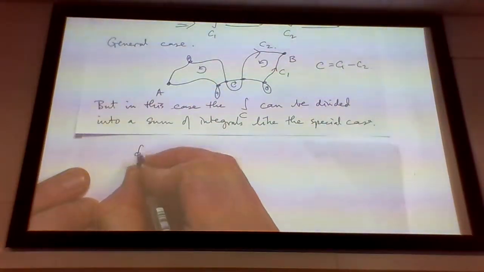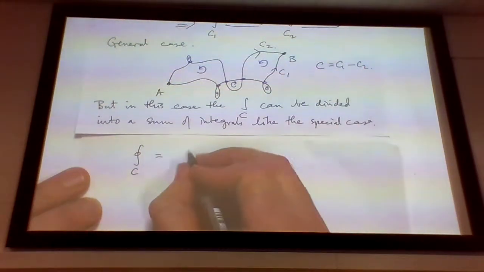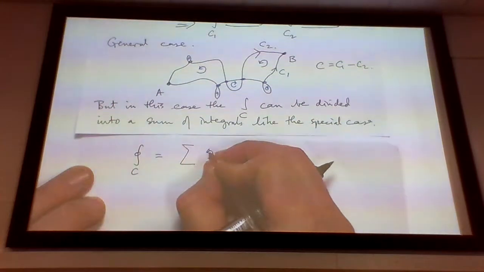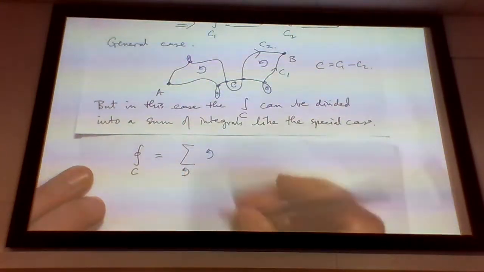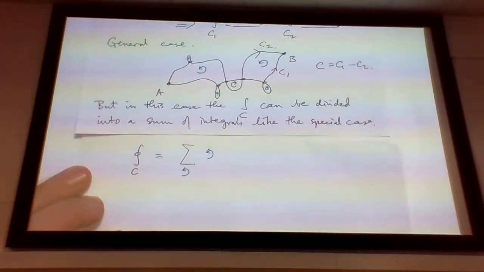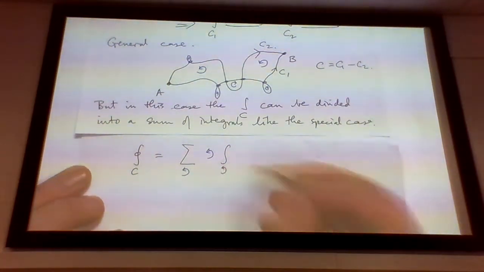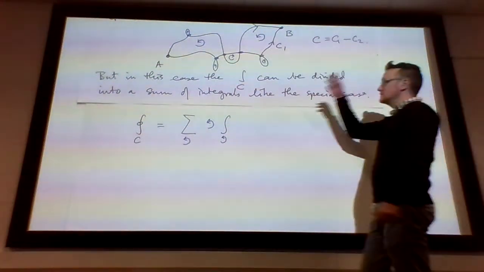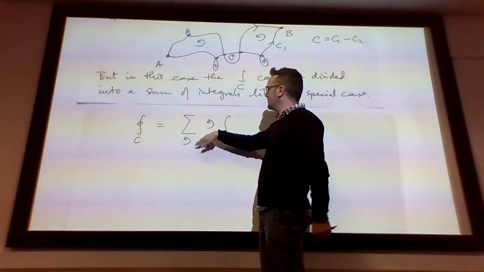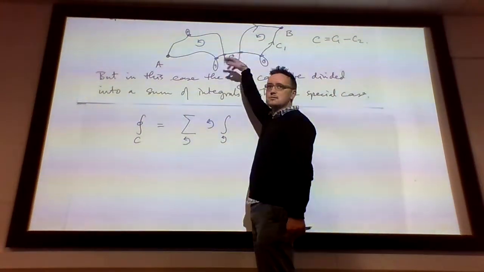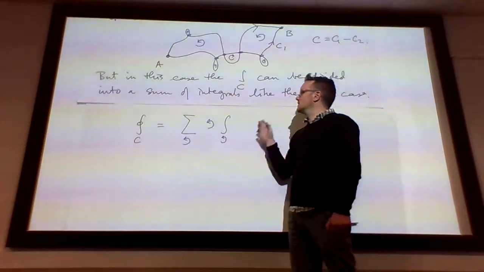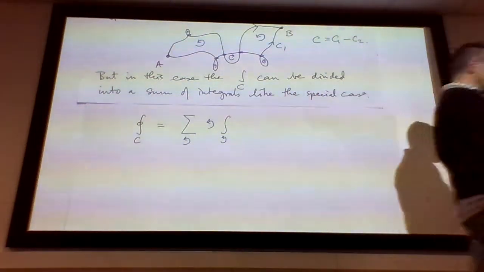And the integral along C can be thought of as the integral along these small curves. Let's just put it like this. It's an abuse of the notation, but this is just representing the sum of the integrals along each of these small little simple closed curves. We're not multiplying them each by a curve.